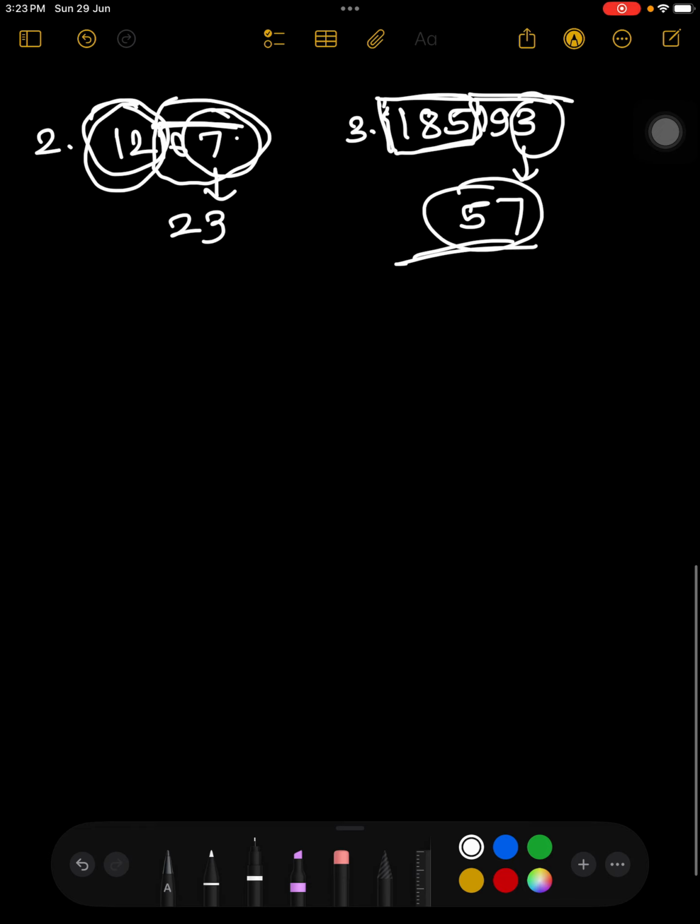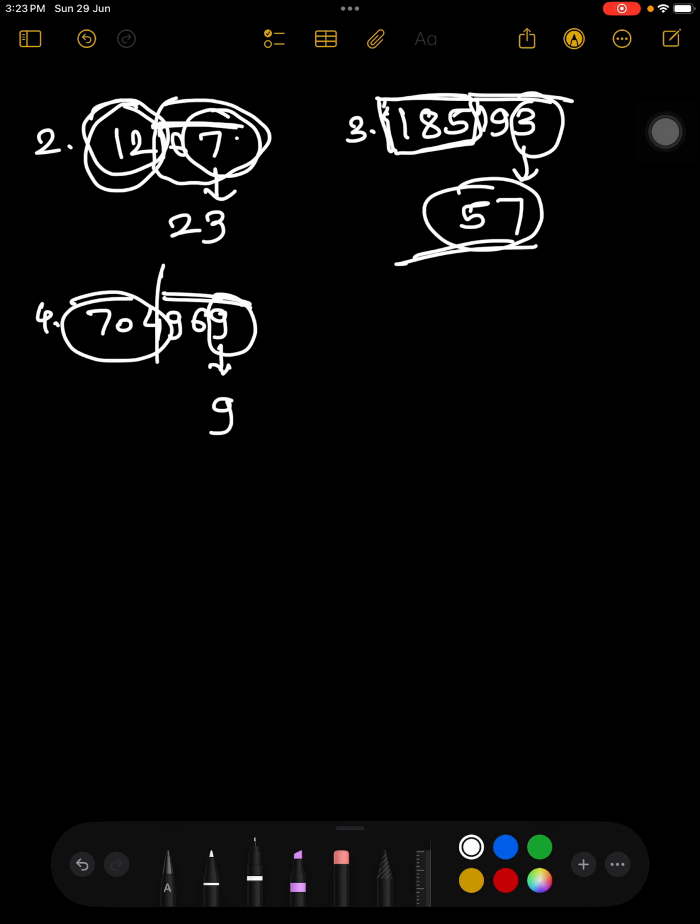Now let's take example number 4, 704969. The last digit is 9 and the pair of 9 is 9 only. So remove the last 3 digits, and only 704 remains. Whose cube can be subtracted from 704? 9 cube is 729 and 8 cube is 512. So 8 is taken. The answer is 89.